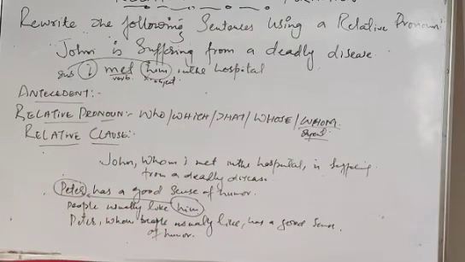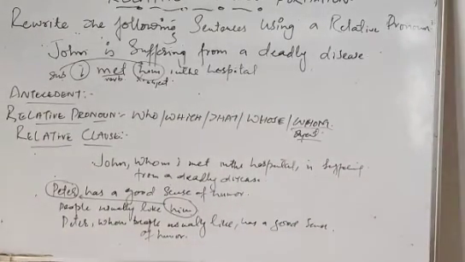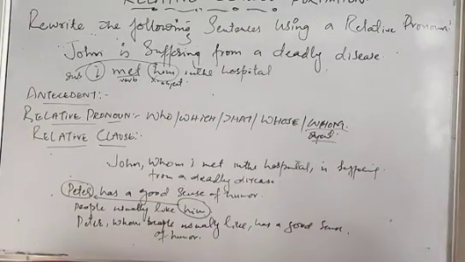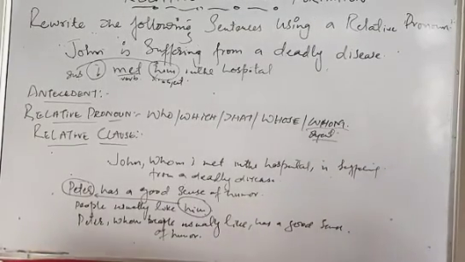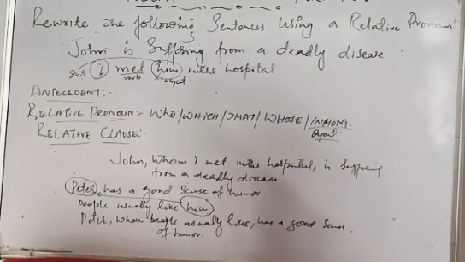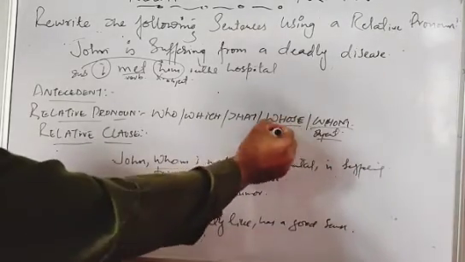So what we have to do: in the case of objective pronouns in the second sentence, we have to use whom. In the case of possessive pronouns, we will use whose.